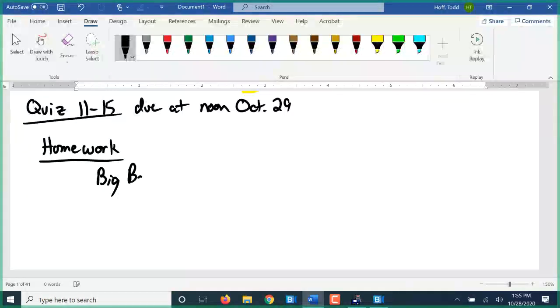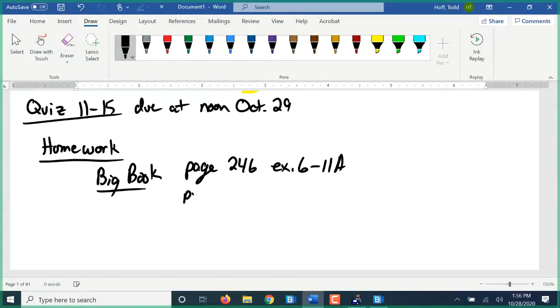we're in the big book. Pages 246, Exercise 6-11A. Page 246, 247, Exercise 6-11B.